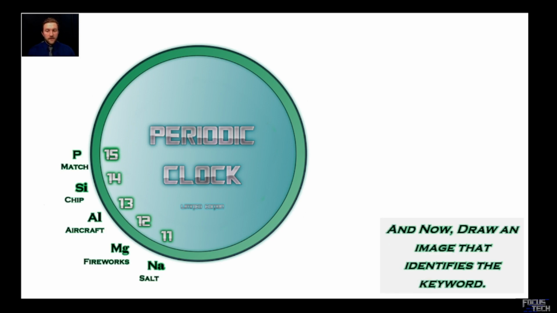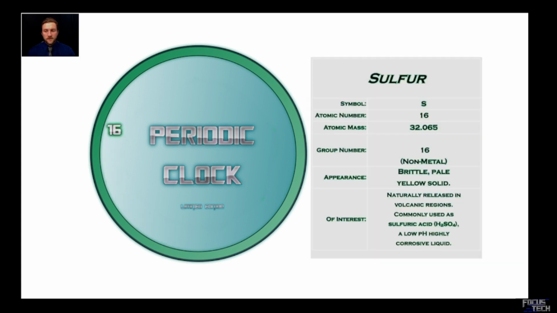And then to add another little image, a little salt shaker, maybe some fireworks, an aircraft for aluminium, a computer chip for silicon, and a little match for your phosphorus.